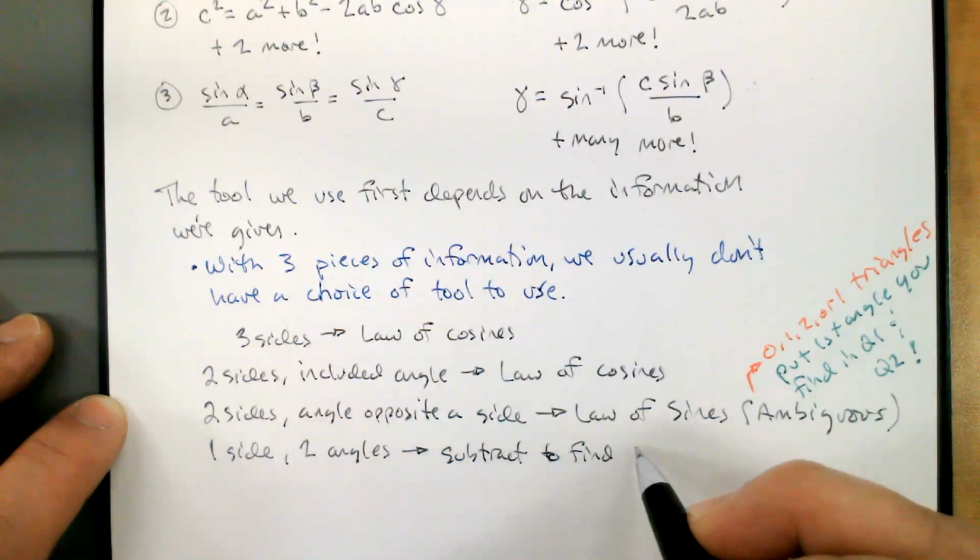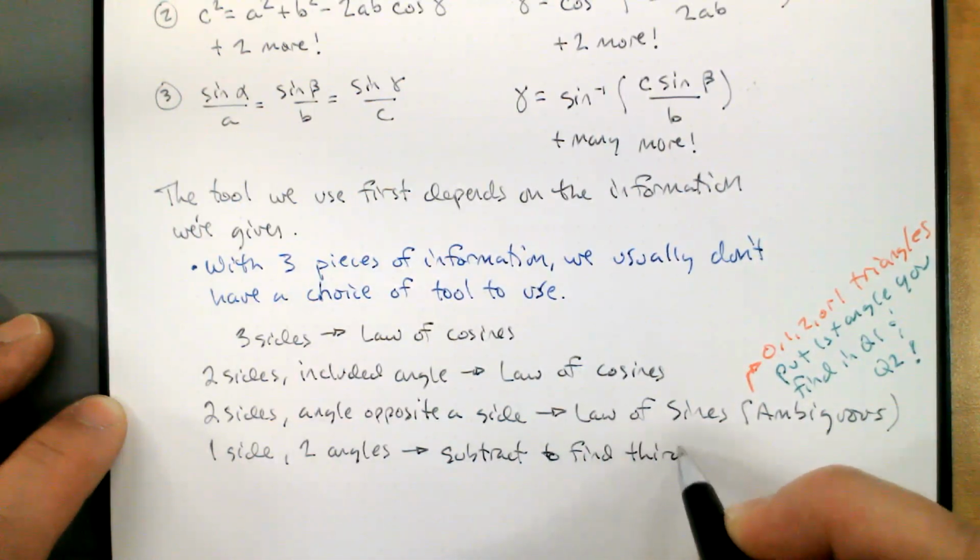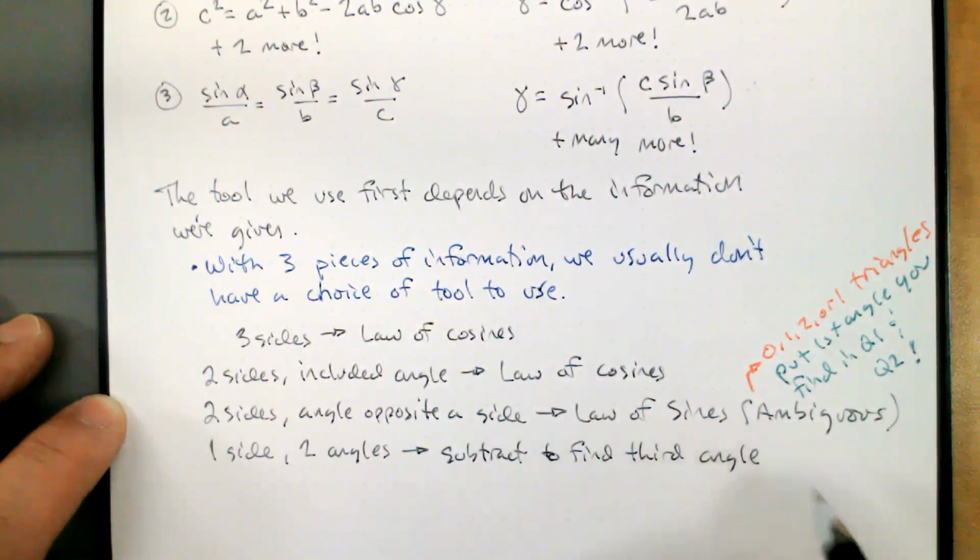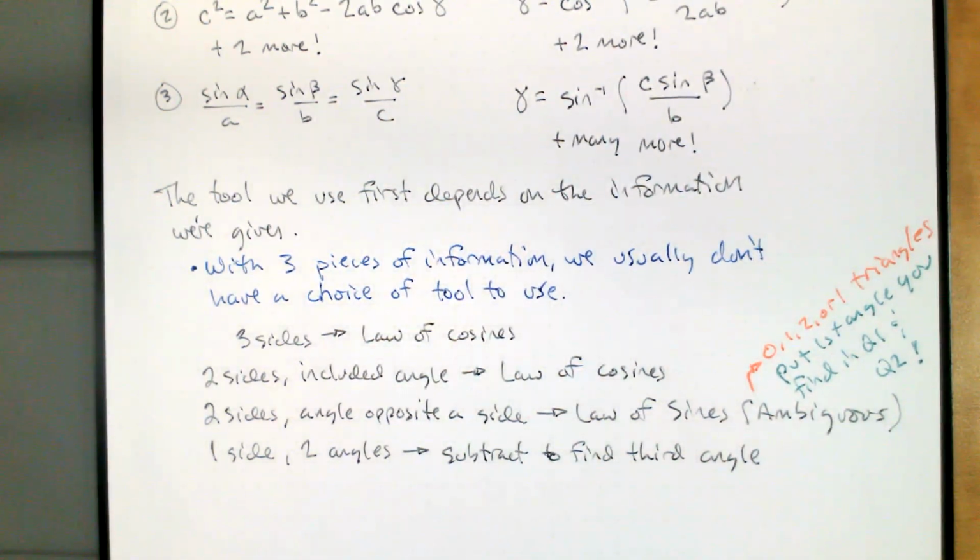Oh, sorry, third angle. Yikes. Then you can use the law of sines to go after the other 2 sides. Or I guess you could use the law of cosines. Oh, wait, no, not yet.